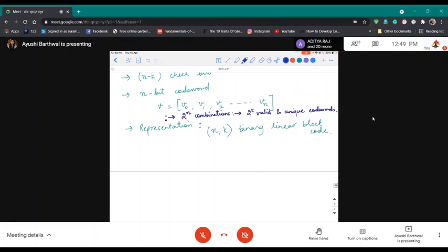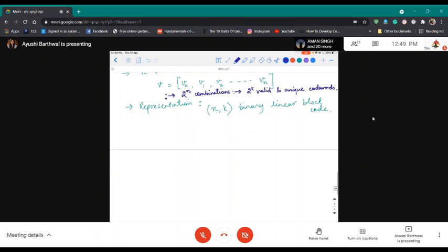And how are these code words generated? These code words are generated with the help of a generator matrix.